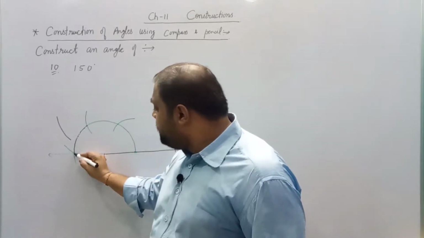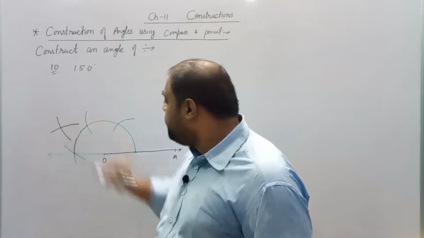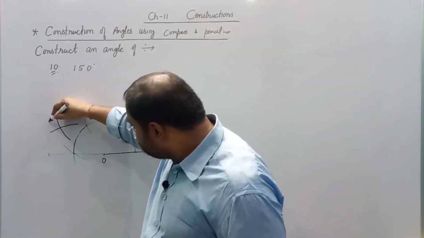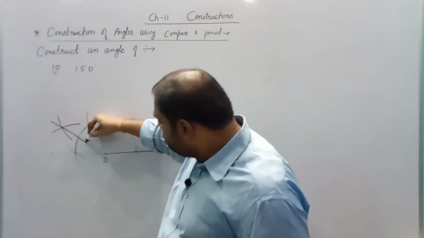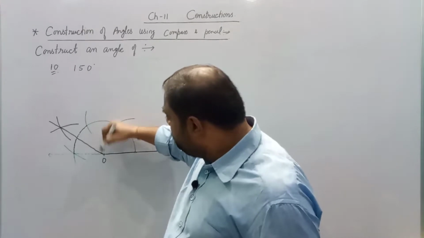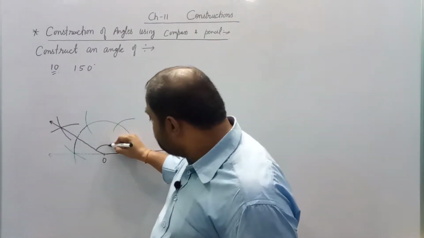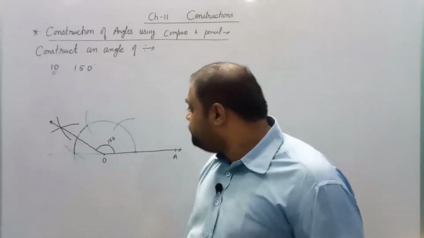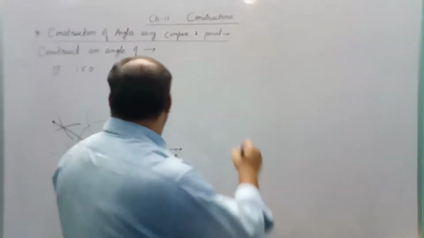Taking this point as center and more than half of this arc, draw another arc. Join these 2 points. So this angle is 150 degrees. Okay. Next is 11th.